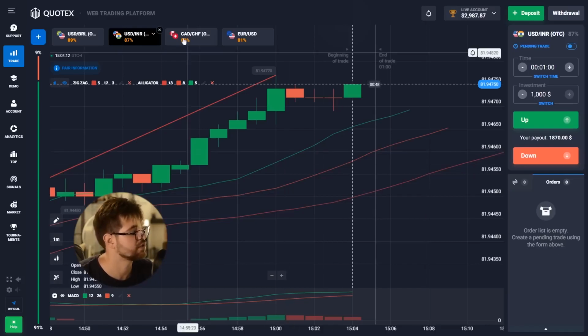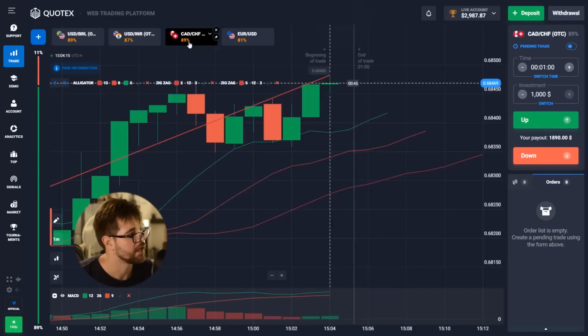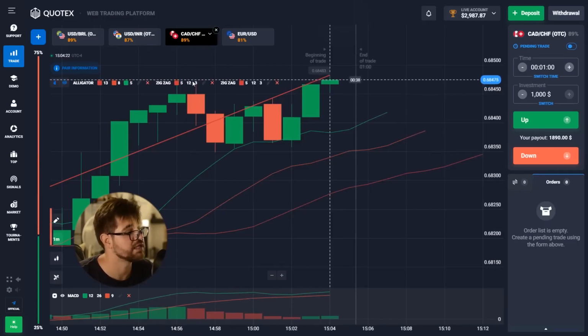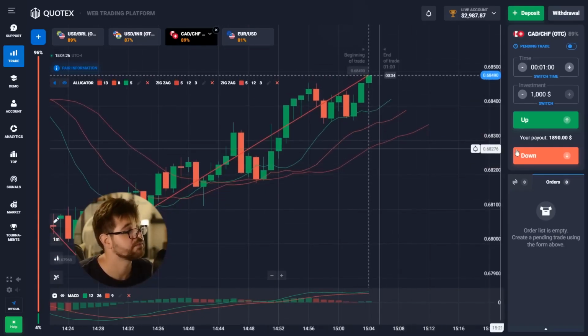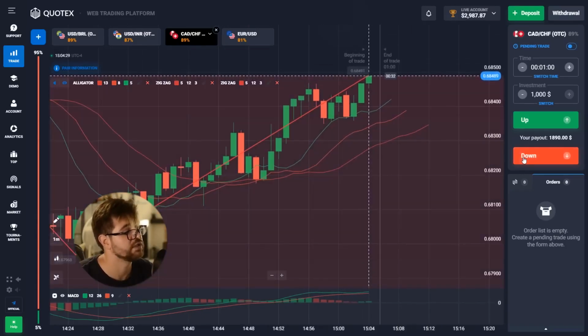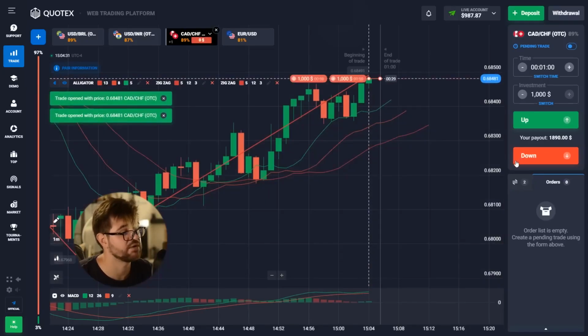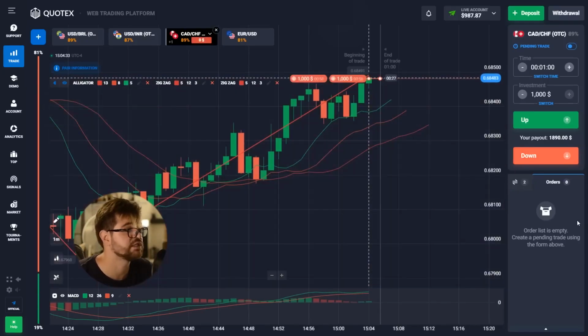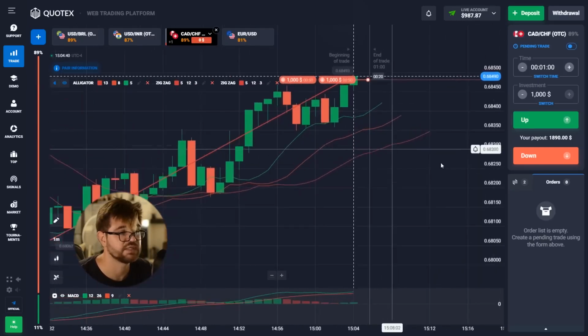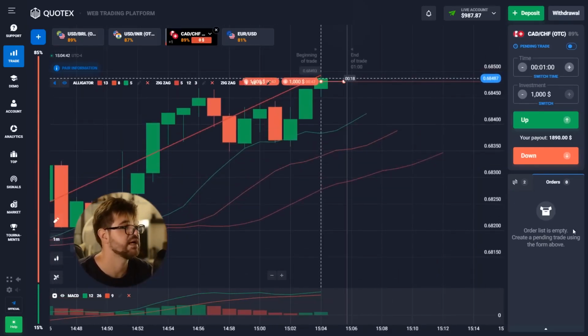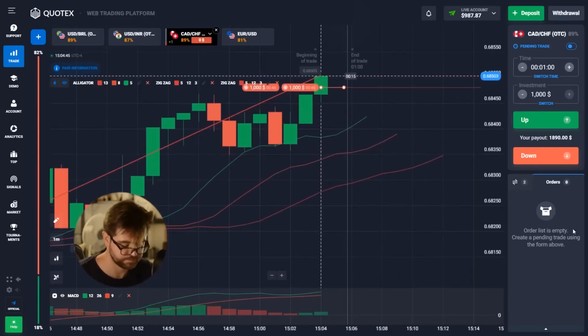I'm gonna go to this currency here, and here I have the indication of the price rising at the moment a little bit, but we're gonna go with the put option, because the price tends to go up and down, and 1 minute is enough for it to go back down and then go back up. And also we have this pattern there. So let's wait for a minute and see how that plays out.